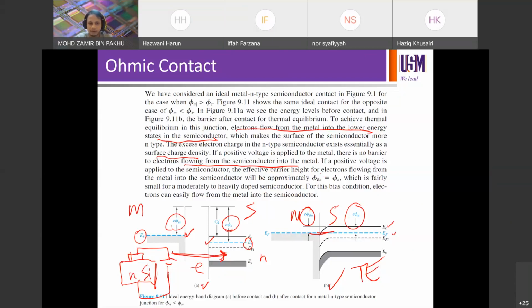So if positive voltage is applied to the semiconductor, the effective barrier for electrons flowing from the metal into the semiconductor will be approximately equal, no change, fairly small for a moderately doped semiconductor. For this bias condition, electrons can flow easily from metal into semiconductor. Let me just go through this again.